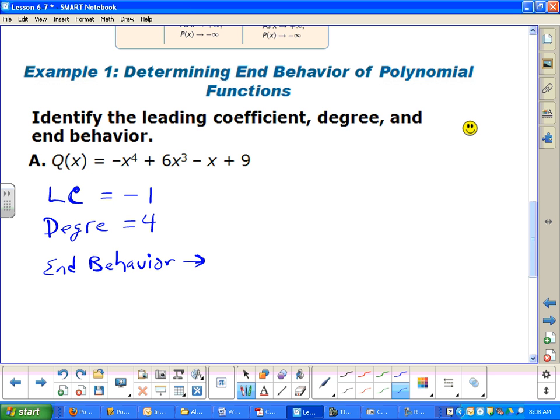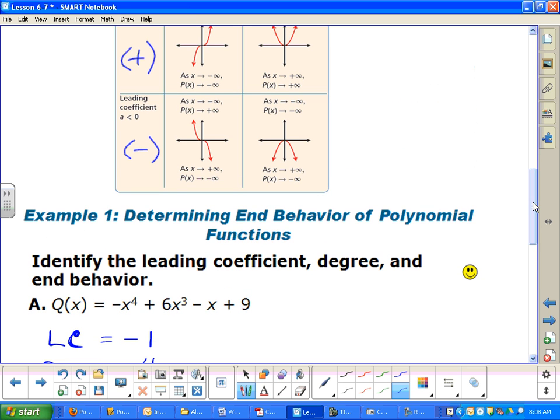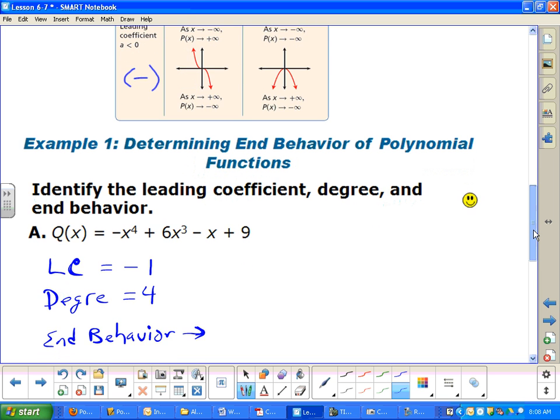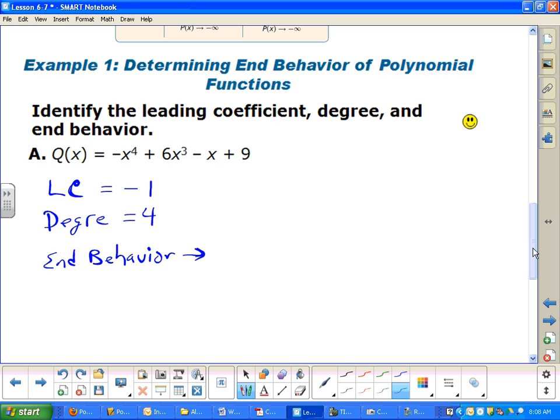So that means our end behavior is going to be this bottom right-hand corner. So it means that this graph is going to look something like this, possibly.